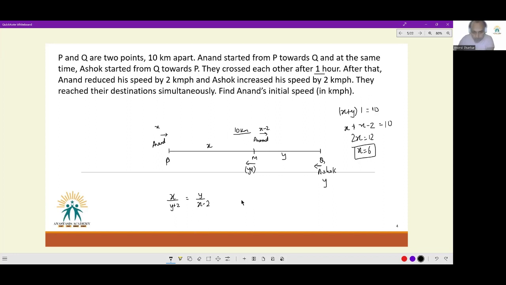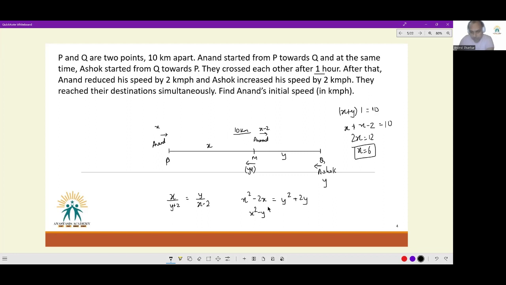This will give us X squared minus 2X is equal to Y squared plus 2Y. X squared and Y squared I take over to one side, and 2X and 2Y I take over to the other side.